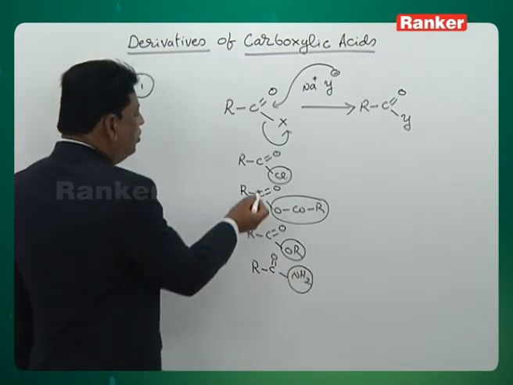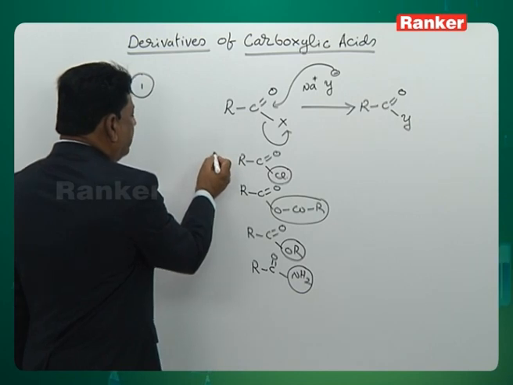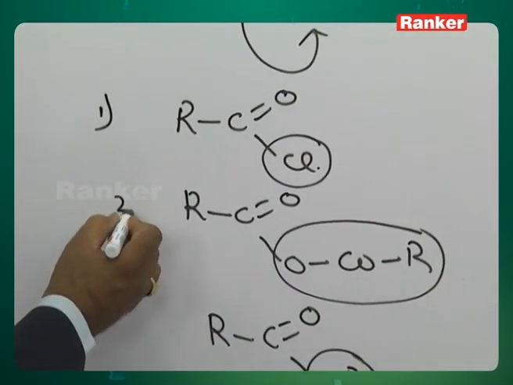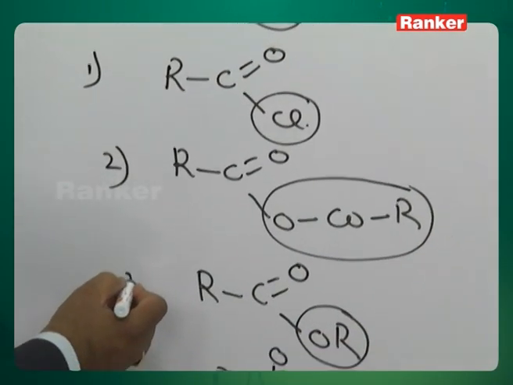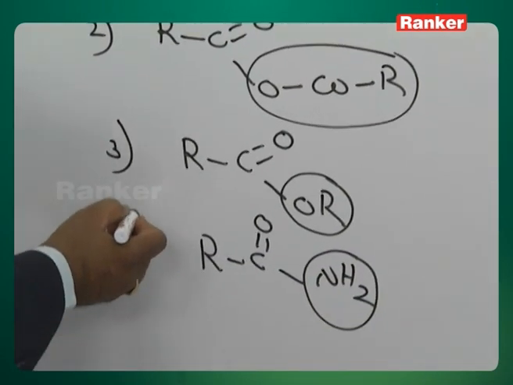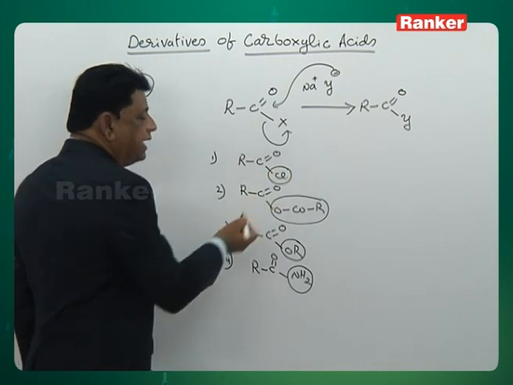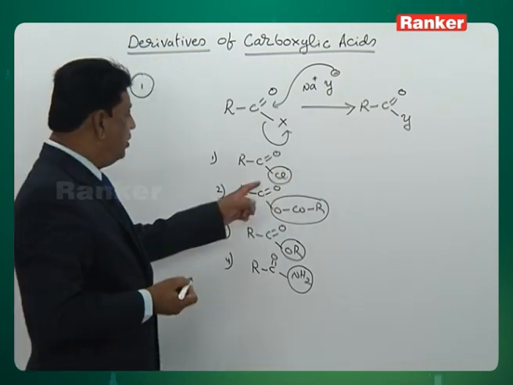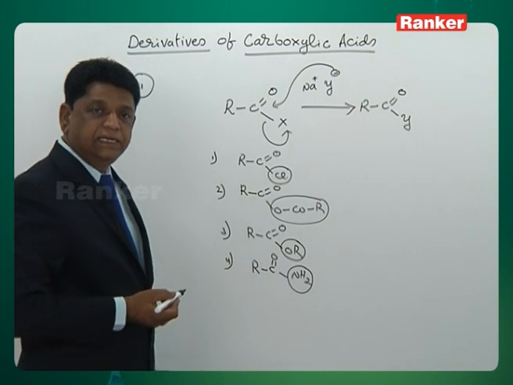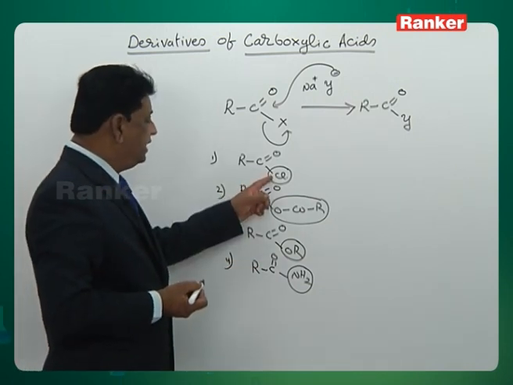So, actually the outgoing property will be number 1 in the halogen compounds, number 2 will be the acid anhydrides, number 3 will be the acid esters, number 4 will be the amides. Because HCl is a strong acid, its anion will be the weakest base.